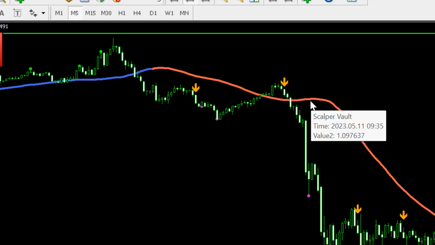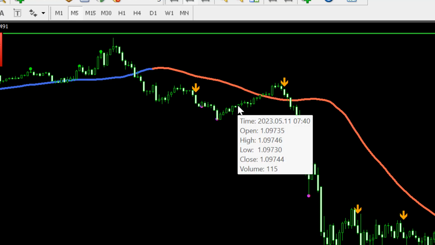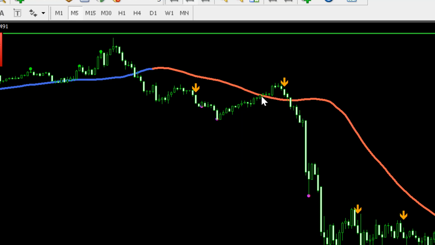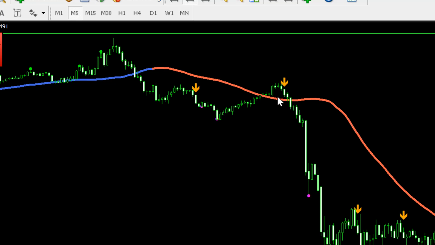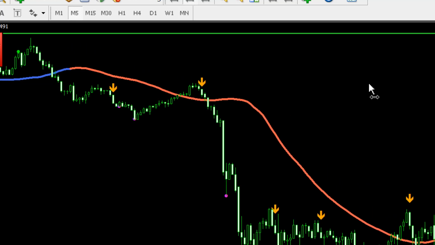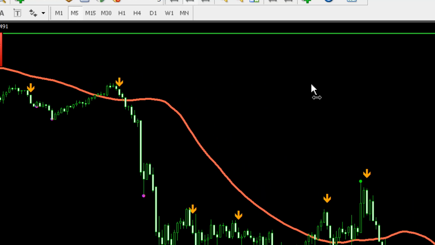It can still be considered valid as long as the trend line remains in a downtrend. Downtrend means the color of the trend line is still red. I hope this is clear to you.